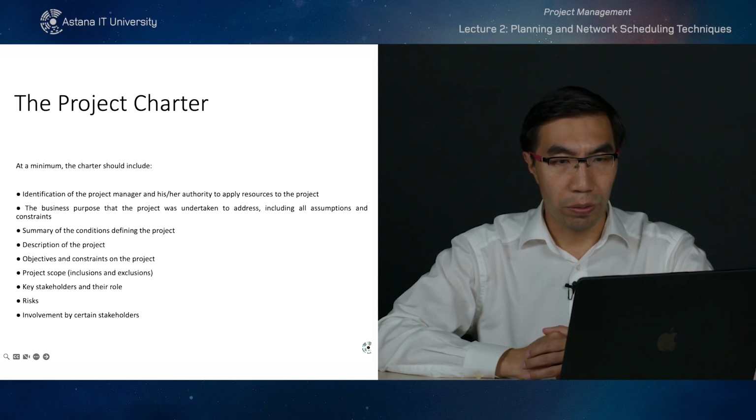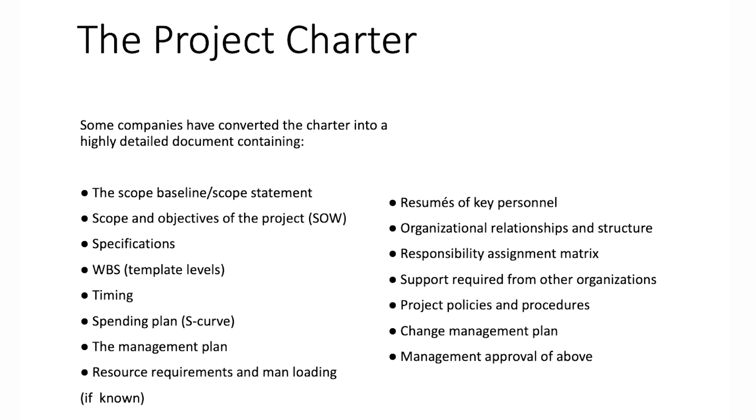Then involvement by certain stakeholders. And if it's a big project in a big company, then you want to have a more detailed project charter. You can include the scope baseline or scope statement, scope and objectives of the project, specifications, WBS, work breakdown structure at the template levels, timing, approximate timing of the project, spending plan, yes, taking into account the S-curve.